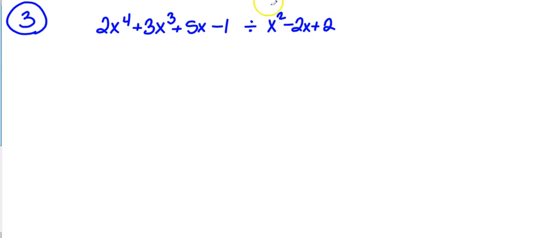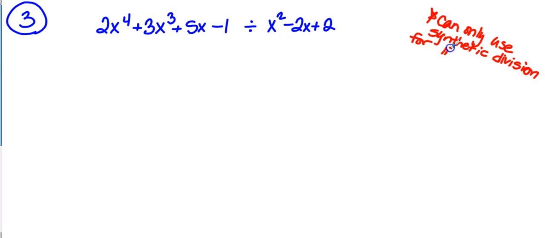Now, up till now, you could be thinking, man, synthetic and long division, they get us the same answer, so why could I possibly have to learn both of these if the synthetic is so much shorter? You can only use synthetic division for linear divisors with coefficient of 1.